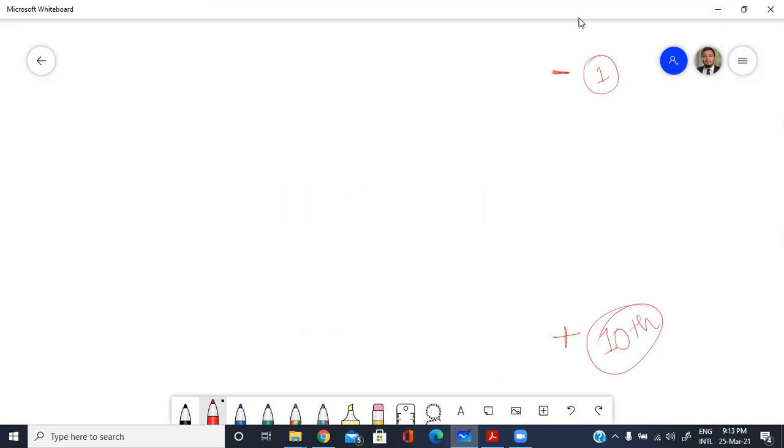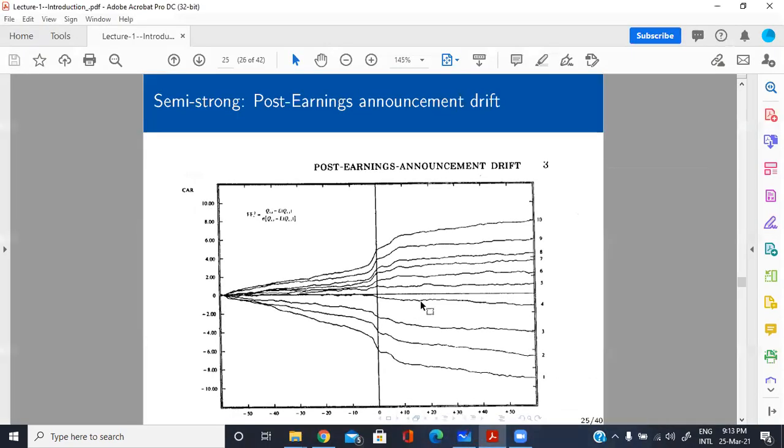If it continues, what do you think? It will be better to write in the opposite direction. Here it is the 10th, here it is the first decile. Now if it actually happens, what will you do to make a profit? You are the fund manager. What will you do if it really happens?